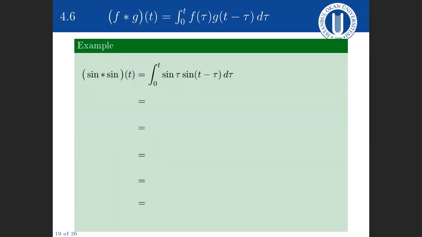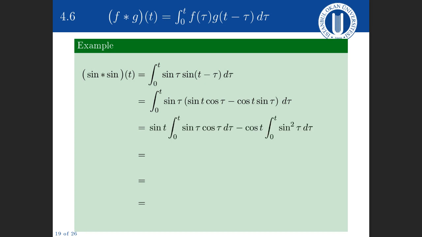Another example, I want to calculate sine convoluted with sine. So I'm doing the integral between 0 and t, sine tau, sine of t minus tau d tau. Sine of t minus tau is just sine t cos tau minus cos t sine tau. When we're integrating with respect to tau, t is a constant, so sine t and cos t can be taken outside of the integral.